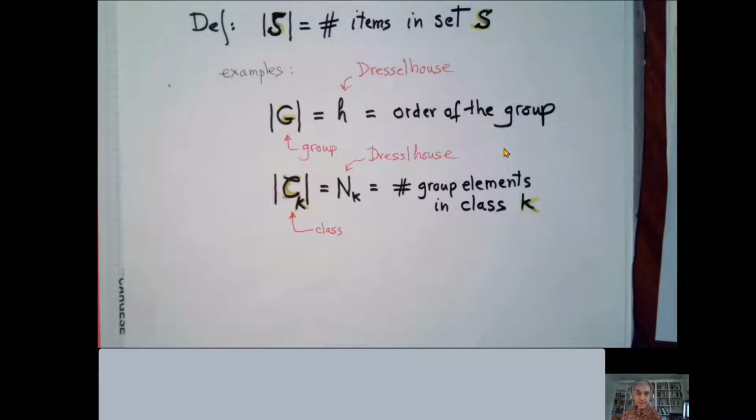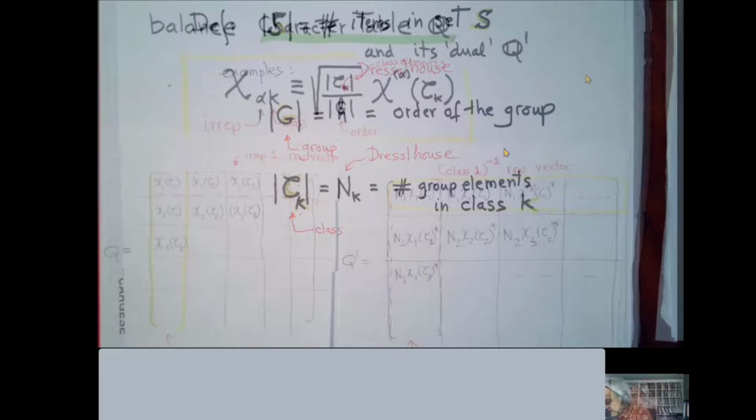And if I take a class, that's a bunch of group elements, their number, which Dresselhaus calls N_k, I'll call bars around the class.